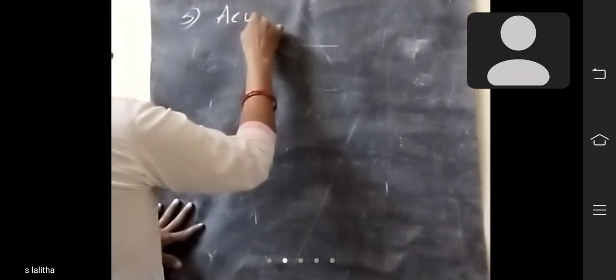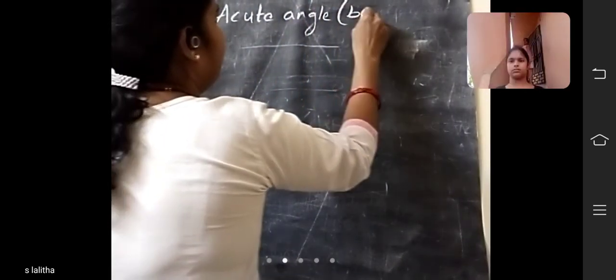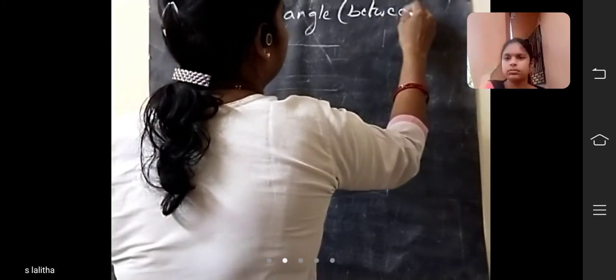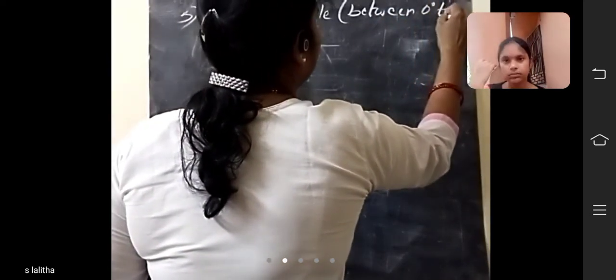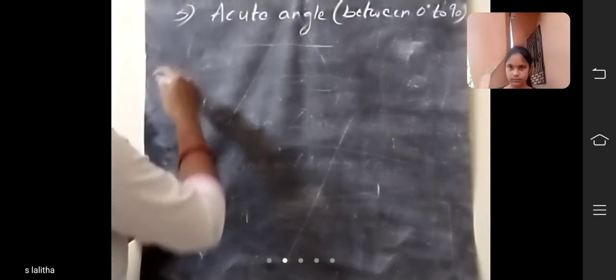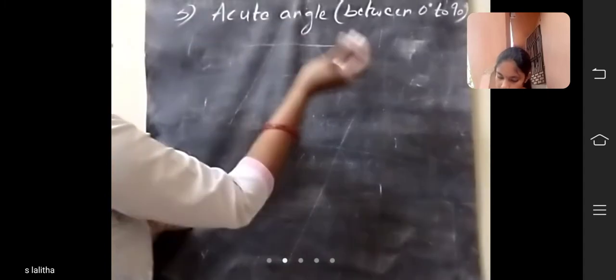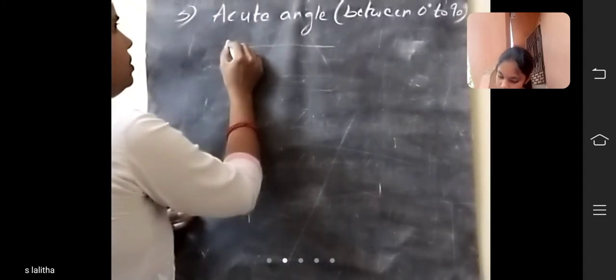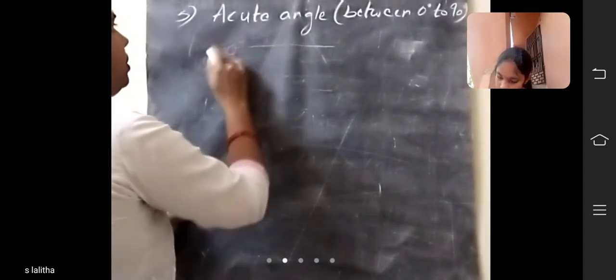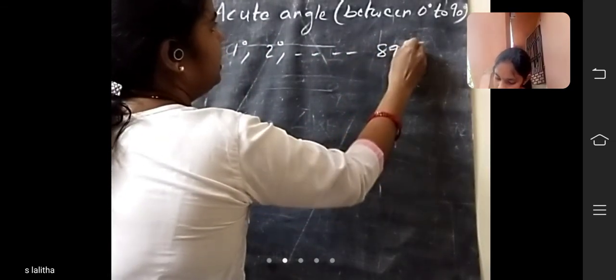Right here, acute angle, between 0 degrees and 90 degrees. So you can write any 2 angles. That means you can write 1 degree, 72 degrees, and so on up to 89 degrees.